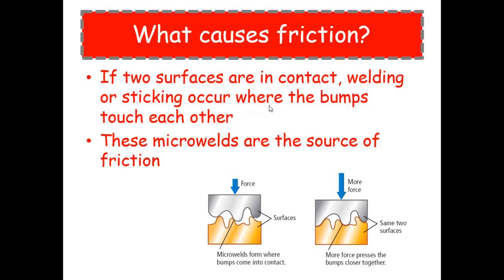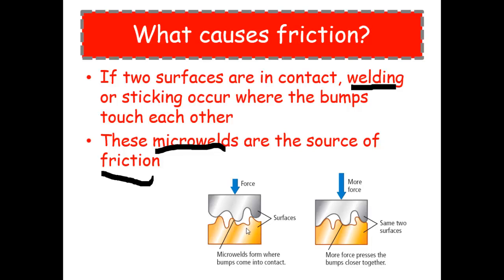They also use the word up here, welding. There's kind of a welding that happens when the two surfaces touch each other. When they get welded, we call these little micro welds. And that's the source of the friction that happens. So, if you look at the picture, when these get these little caverns, we get these micro welds, and that's what causes friction to occur.